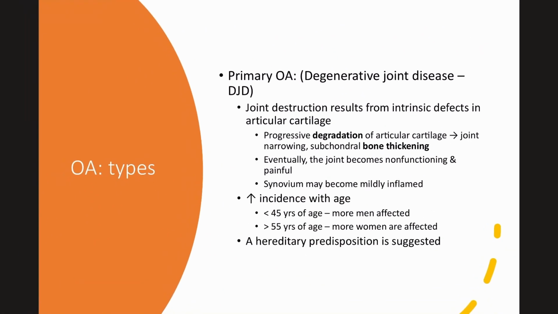So types of osteoarthritis. The first one is primary osteoarthritis. It's your degenerative joint disease. Joint destruction results from intrinsic defects in the articular cartilage. So we get degradation of the cartilage. When the cartilage degrades, joint space narrows.